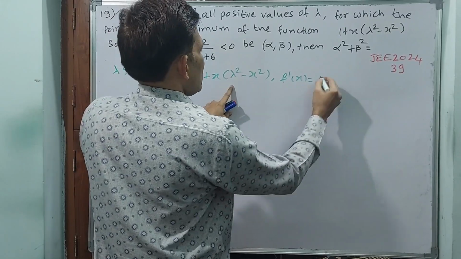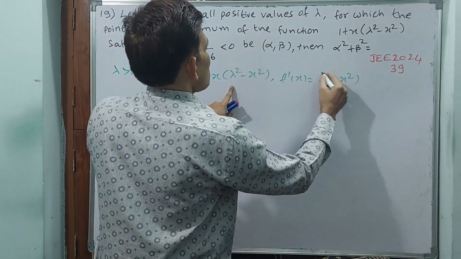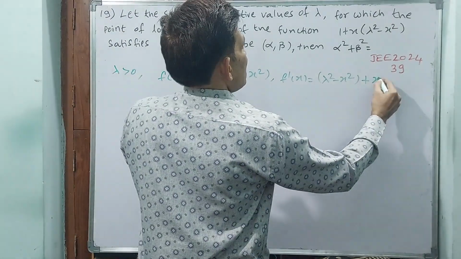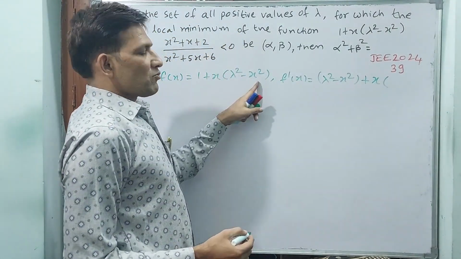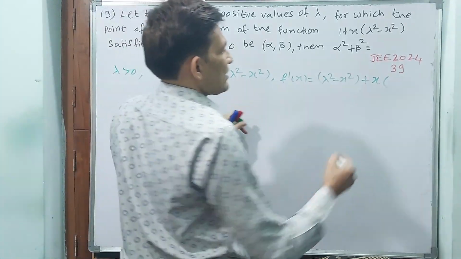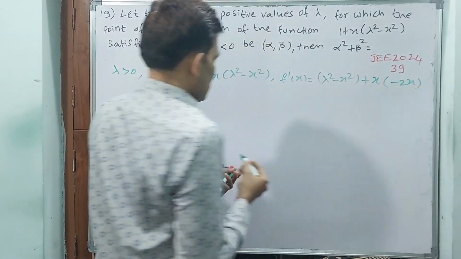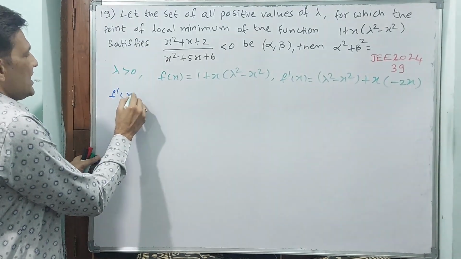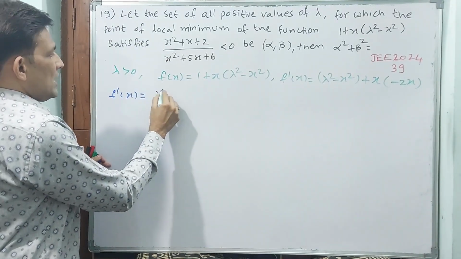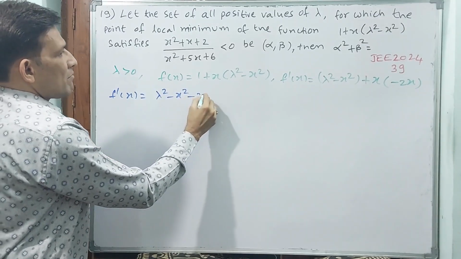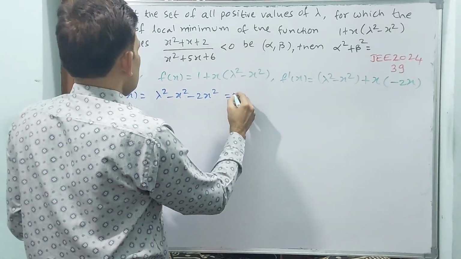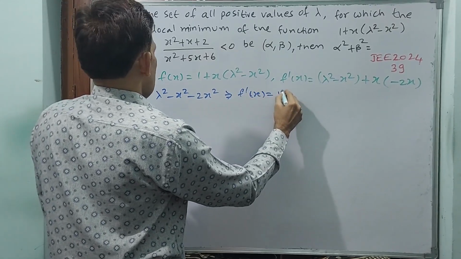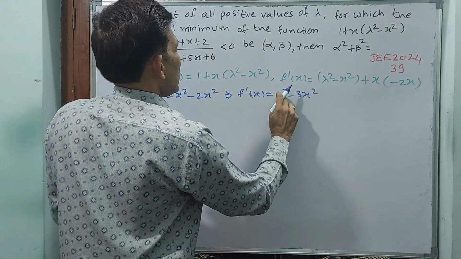It is lambda square minus x square into d by dx of x, which is 1, plus 1 plus x into d by dx of lambda square minus x square, which is minus 2x. Now f dash x is equal to lambda square minus x square minus 2x square, that is f dash x is equal to lambda square minus 3x square.